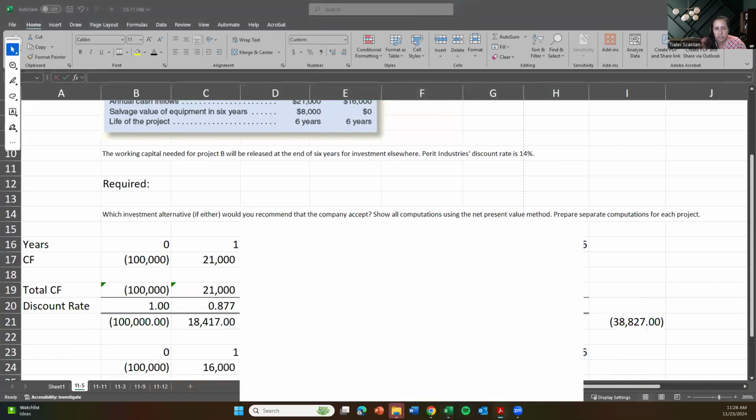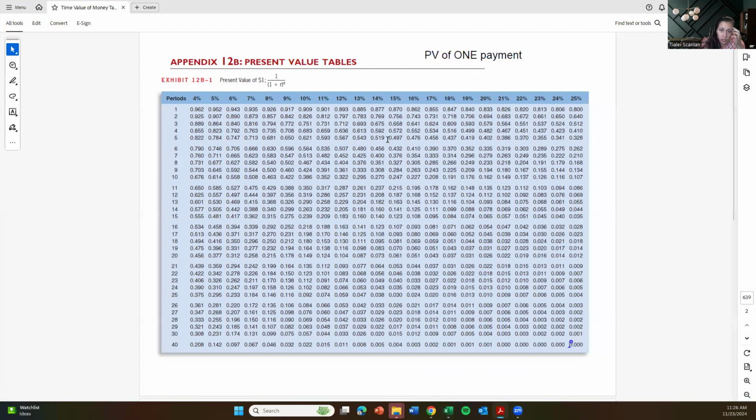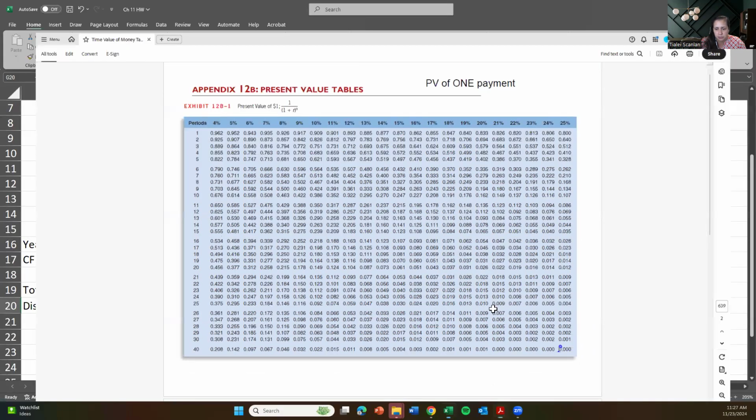And then year 5 and year 6 at 14% is 0.519 and 0.456.